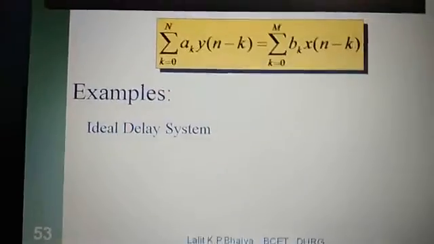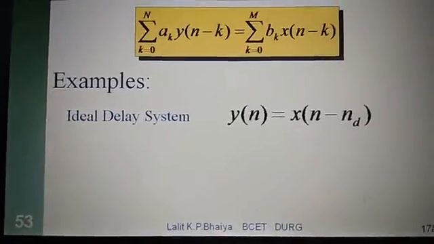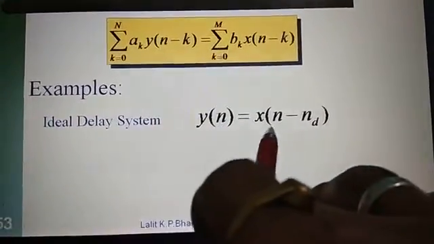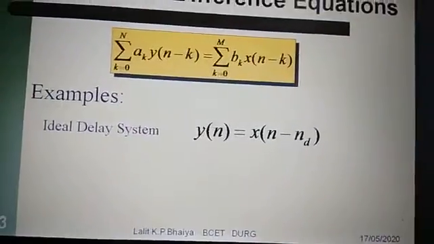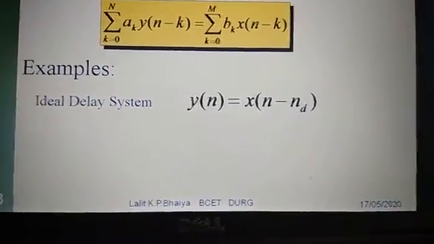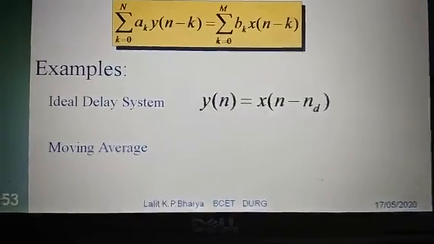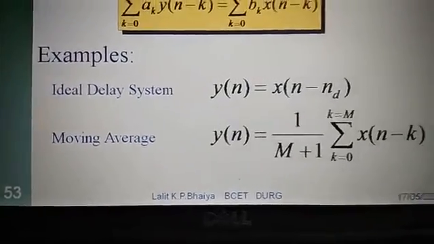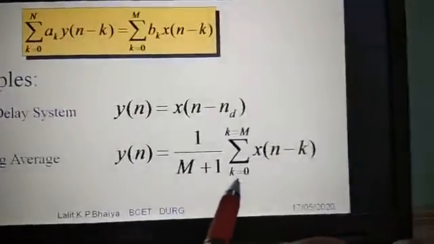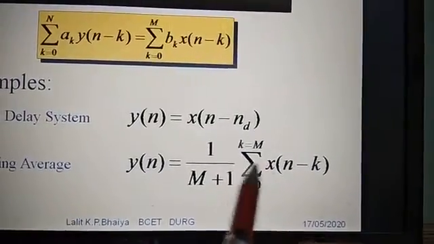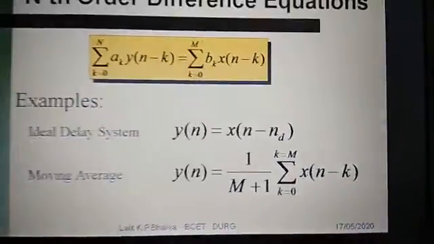Examples: ideal delay system, which is given by y of n equal to x of n minus nd, where nd is the number of delayed samples. Moving average is y of n equal to 1 upon m plus 1, summation k equal to 0 to m, x of n minus k.